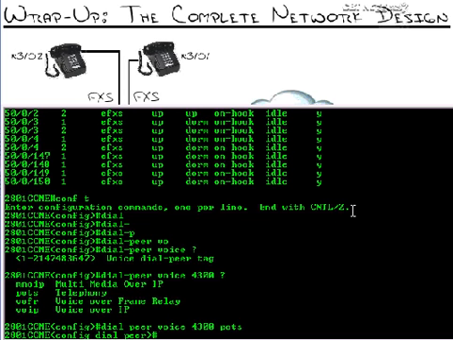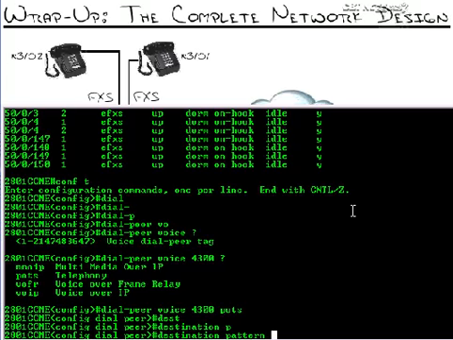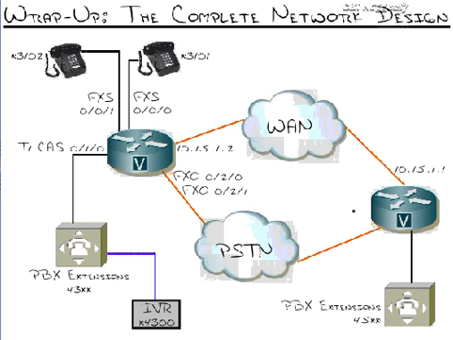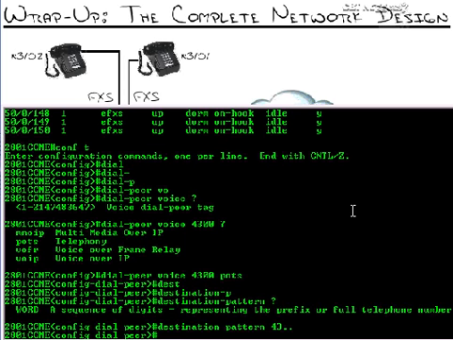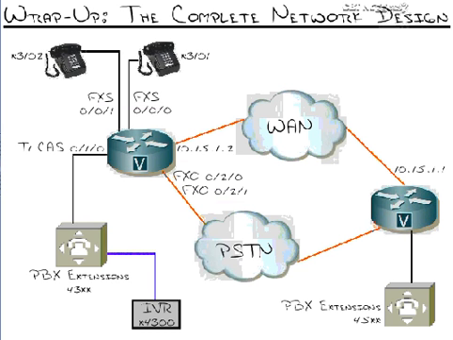And under the POTS dial peer, I will say that this encompasses the destination pattern of 43.., anything starting with 43. Now, since this is POTS, it's going to hose us up because it's going to strip 43 and just send whatever the rest is because of the auto strip feature.